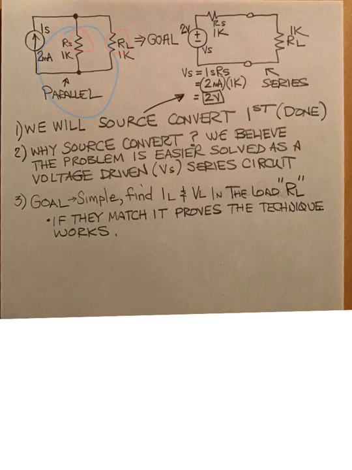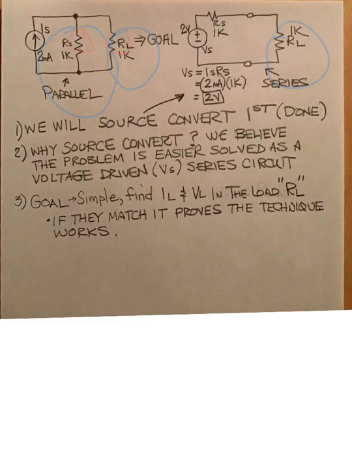Now, I'm not suggesting the circuit on the left and the right work exactly the same way. What I'm suggesting is that this resistor circled in the green, and this resistor circled in the blue, both load resistors, are 1,000 ohms.